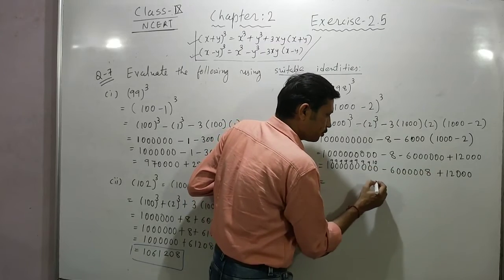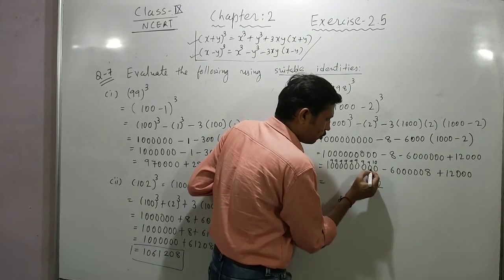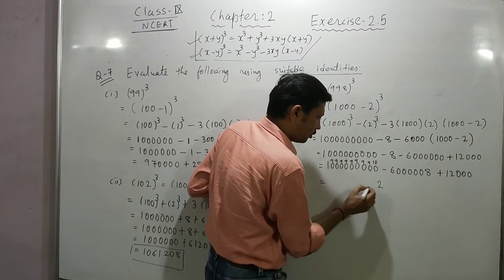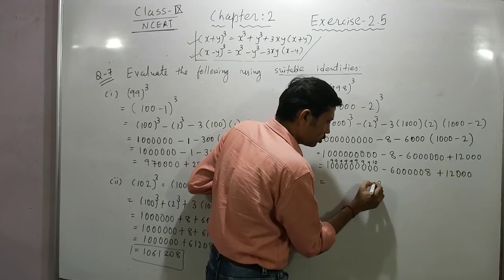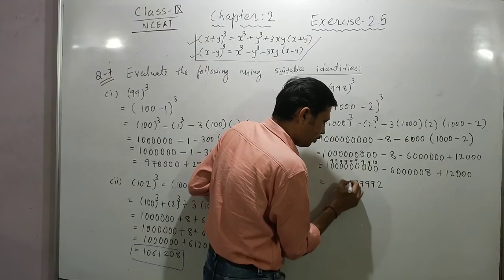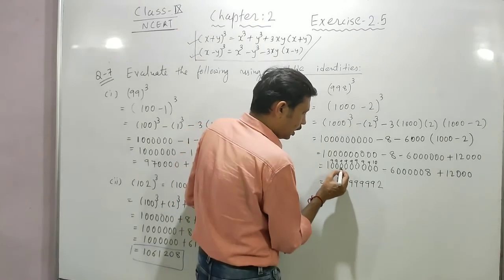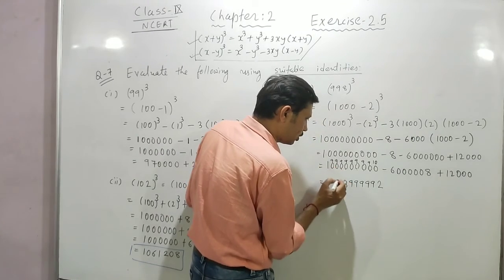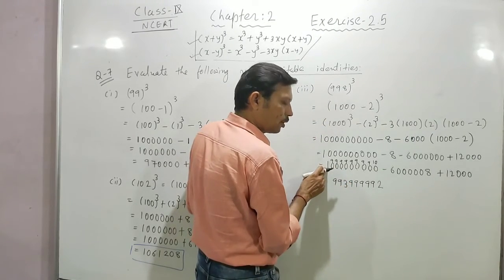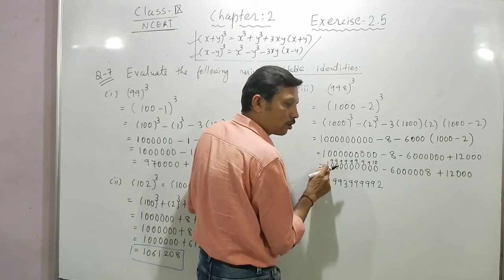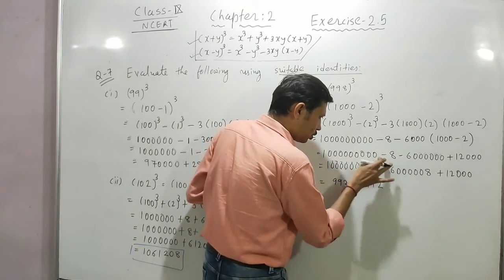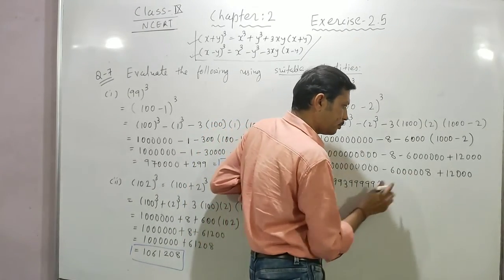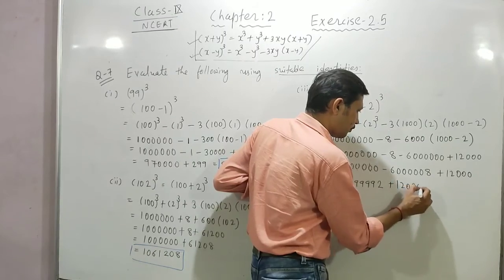Now 10 minus 8 is 2. 9 minus 0, 1, 2, 3, 4, 5, so 9. Then the remaining is 9, and 9 minus 6 will be 3, and the rest are 9s. Clear? This 1 becomes 0 because we carried 10 from it. Now I am going to rub this. Understood? Okay. So these two are subtracted, and after that we have to add the 12,000.